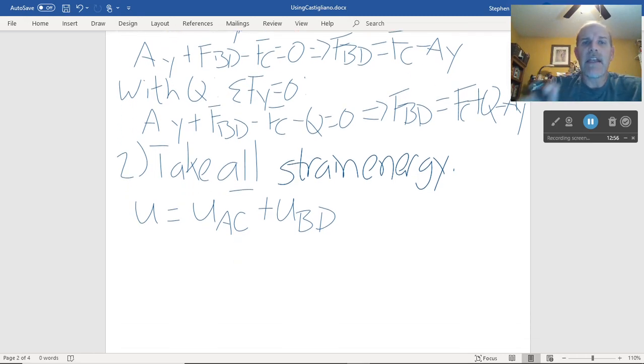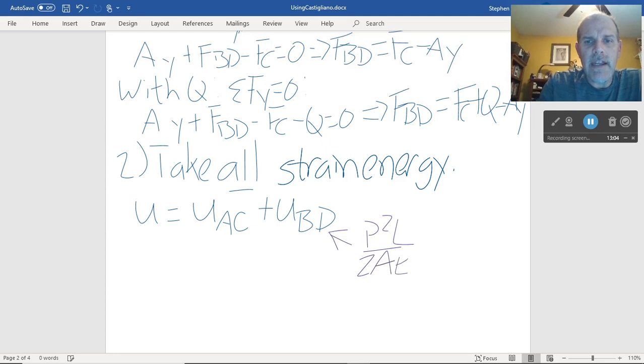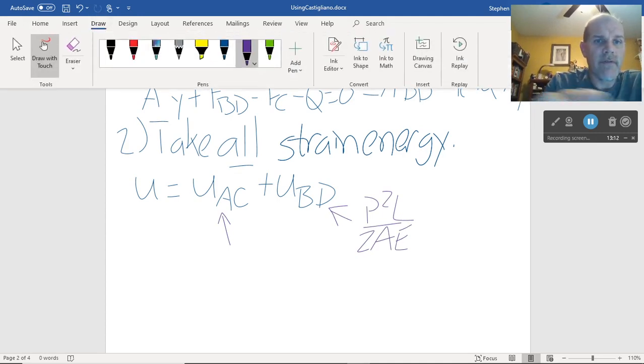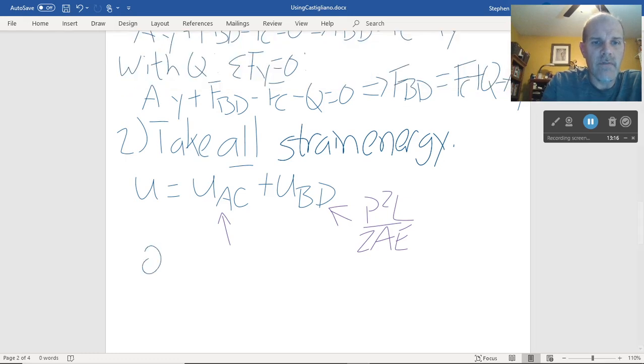Yes, BD, being a rod stretched axially, I would call this P squared L over 2AE. UAC, I would not compute, right? What I would do is I would use the derivative, right? And let's just call it the partial.